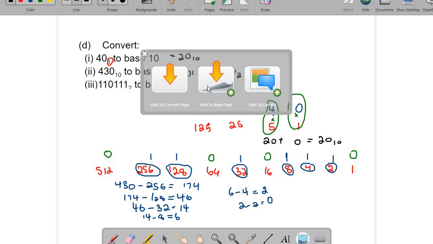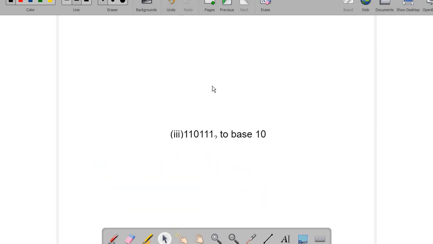The methods for converting from base 5 to base 10 and from base 2 to base 10 are practically the same. The only difference is the powers that you're writing. So we're not writing the powers of 5, we're writing the powers of 2, since this number was given in base 2. A part of it was cut off here, but that was base 2.